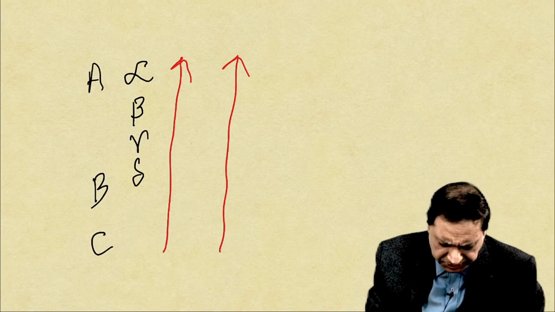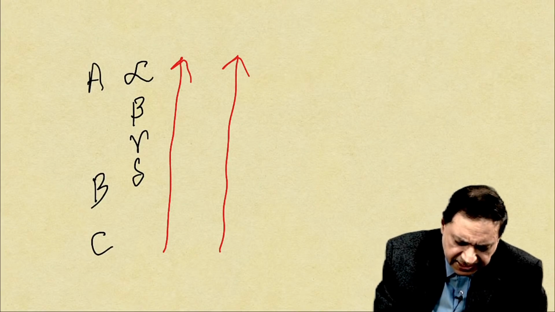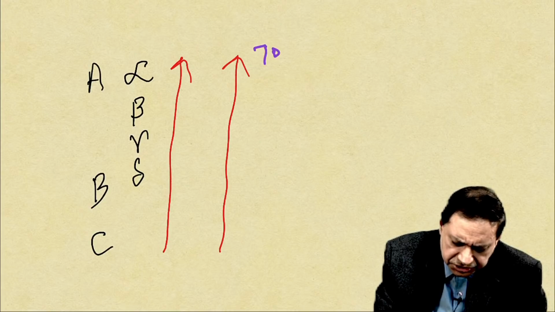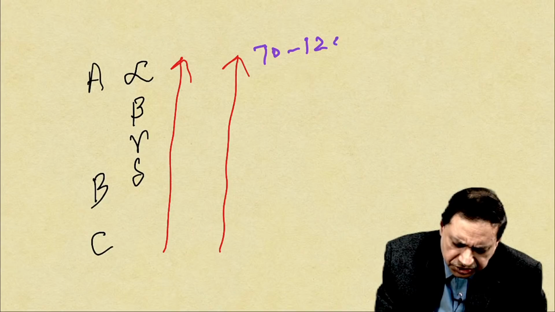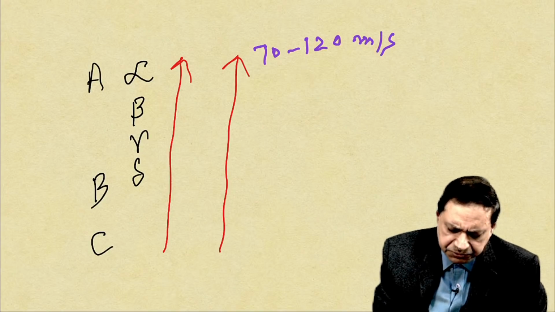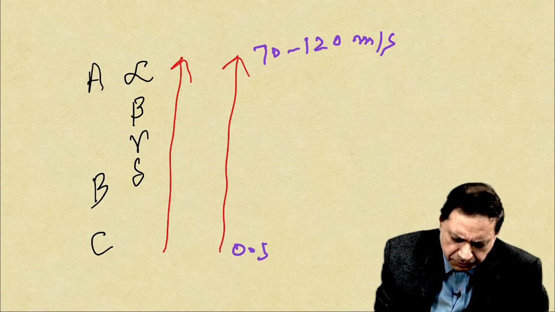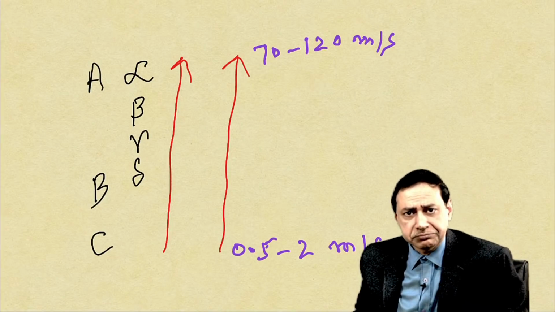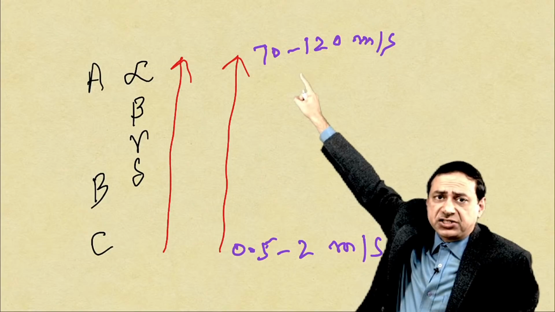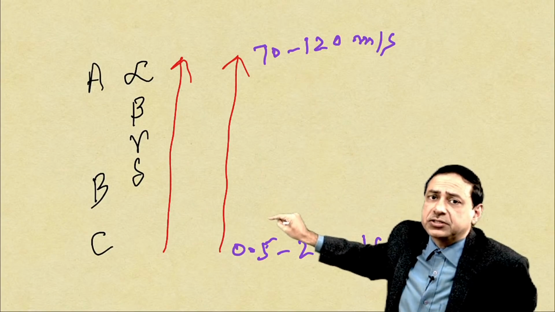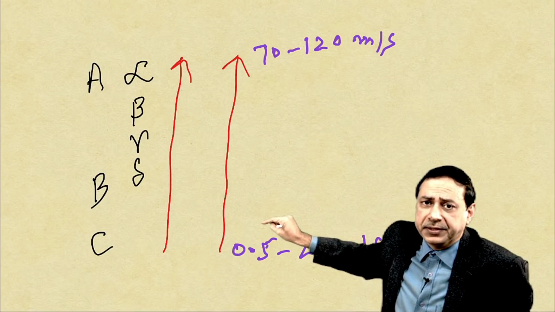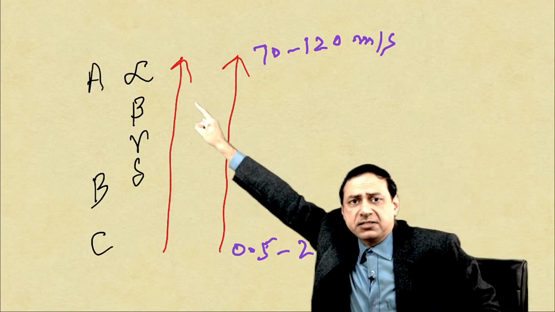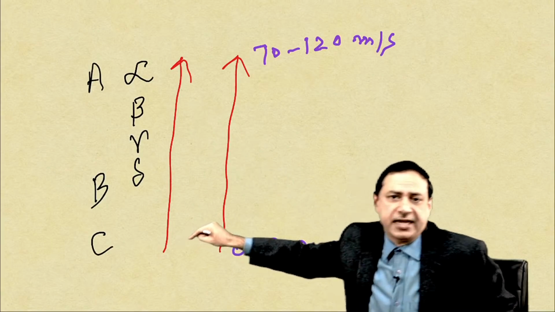The conduction speed in A alpha may be 70 to 120 meter per second, and in type C fiber, it may be roughly 0.5 to 2 meter per second. So this is fast fiber A alpha, C is slow fiber. It has the maximum diameter and it has the minimum diameter.